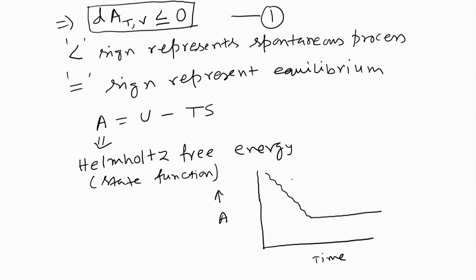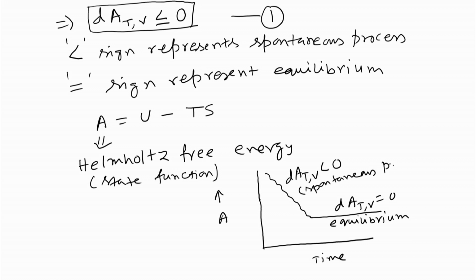So, here dA at constant temperature and volume is less than 0, and dA equals 0 here. This is equilibrium and this is the spontaneous process, and this is known as a minimum.